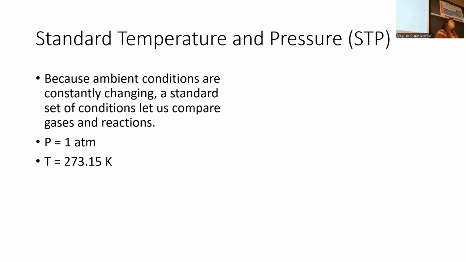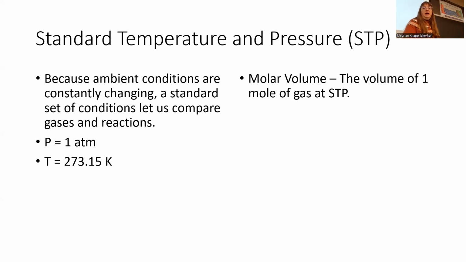And so sometimes you will see what's called a molar volume. When they talk about the molar volume, they're usually talking about it at STP, or standard temperature and pressure. And so we might ask ourselves, what is that molar volume? So we can use the ideal gas law to determine what it is. So we've got a pressure and our temperature from STP.